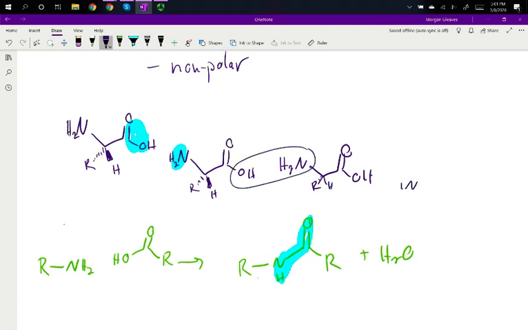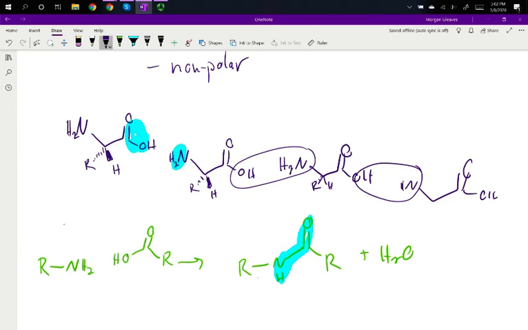And then if you had another one, and so on, you can do this, for some amino acids, thousands of times. You can link amino acids together through a polyamide bond. All it means is many amides.